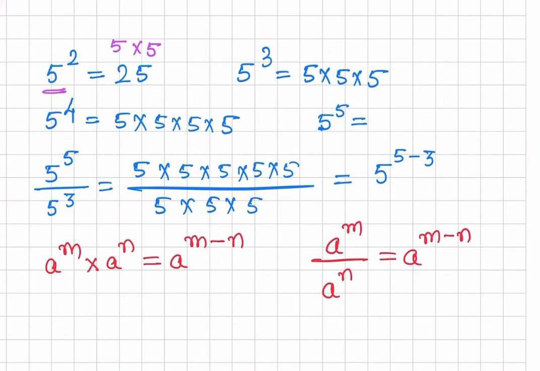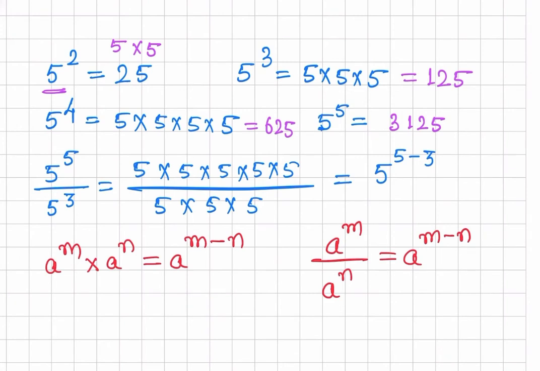You are just multiplying 5 three times. That is 125. What is 5 raised to 4? You can simply answer that. That's 625. What is 5 raised to 5? That's 3125. Up to here, I think everything is straightforward.